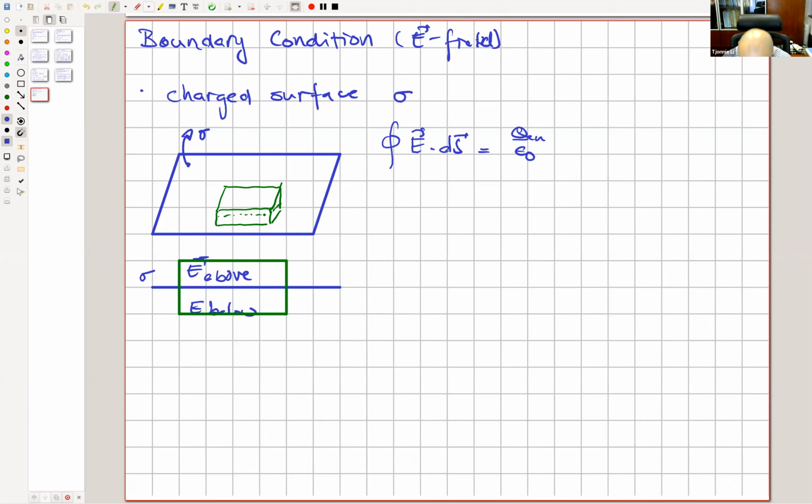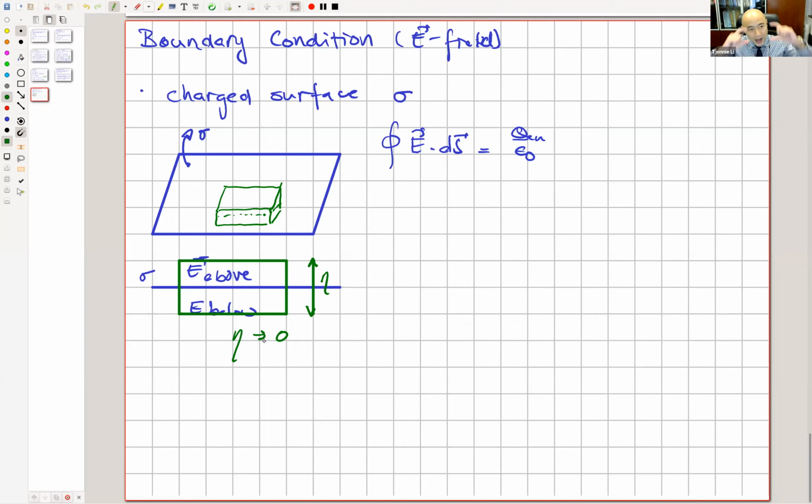So what happens if I now let this thing here, let's call this eta, go to 0?